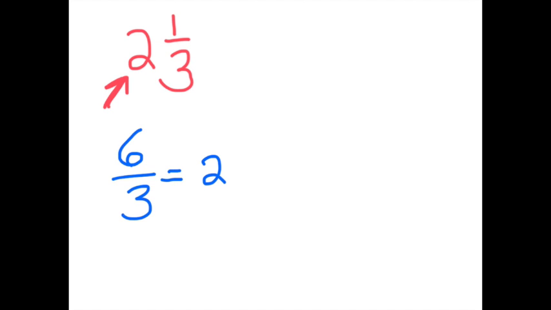That equals 2, and we can substitute this 6 over 3 in place of the 2. So it ends up looking like this: 6 over 3, which really equals 2, plus 1/3.